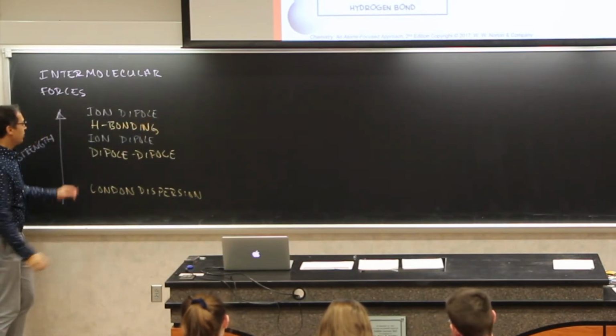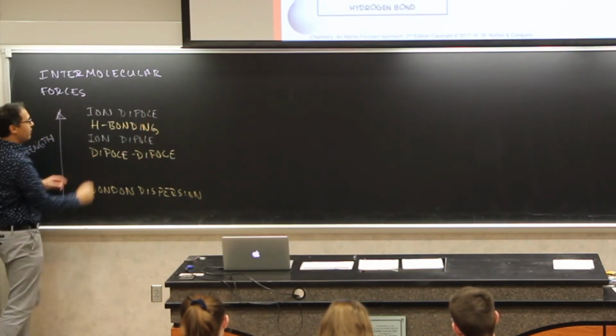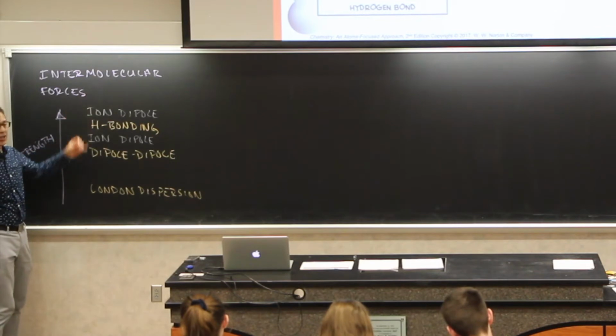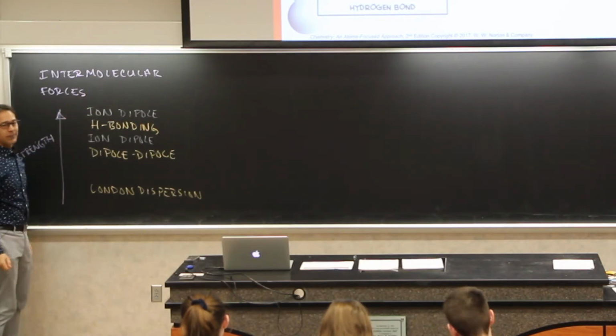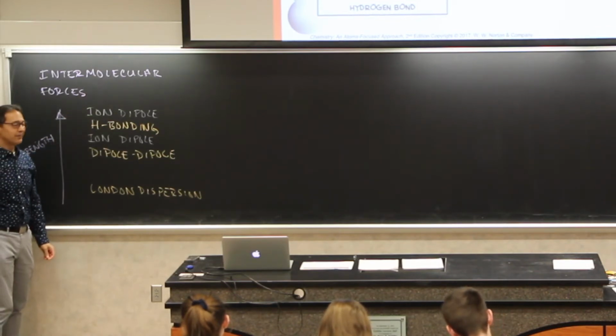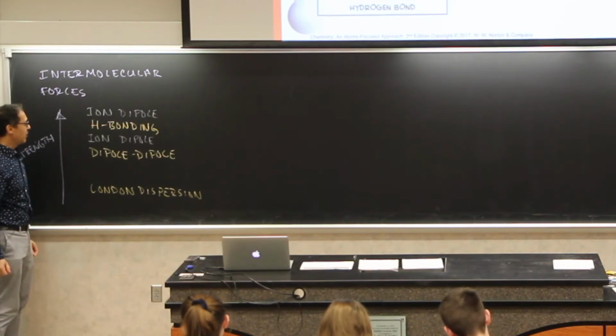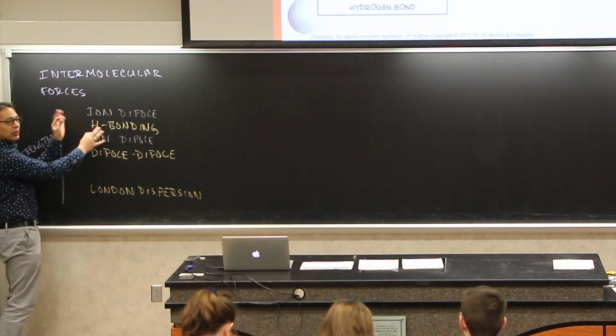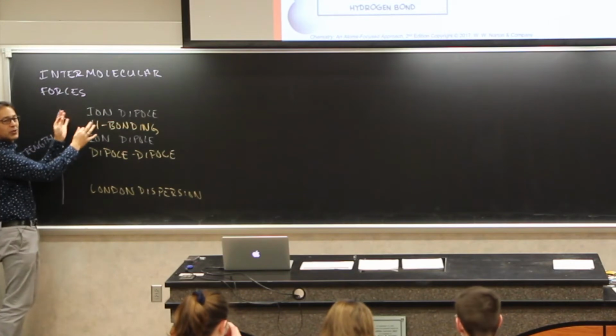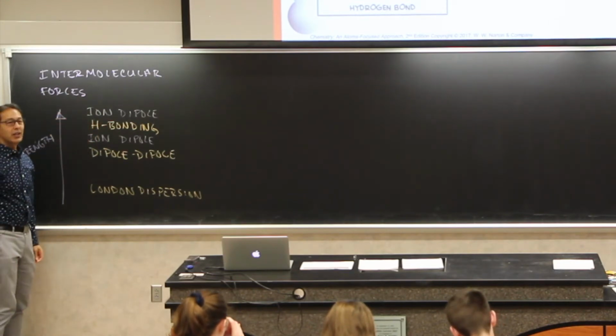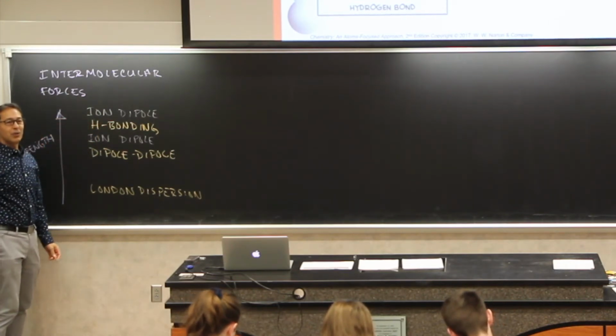Truth be told, it's in the range of hydrogen bonding as far as strength goes. We're really not going to spend much time talking about ion dipole, but it is a thing. Thank you for making sure we didn't forget that one.